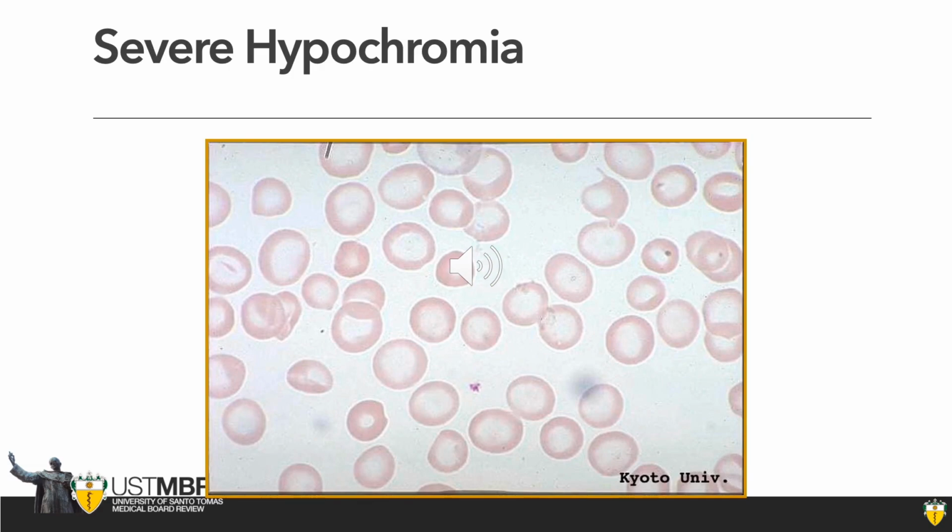Look at the central pallor. It has a very wide central pallor, almost a thin rim of hemoglobin or cytoplasm. So this is either an iron deficiency anemia or maybe thalassemia.